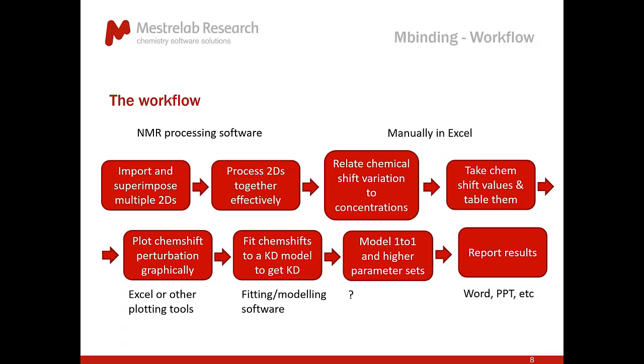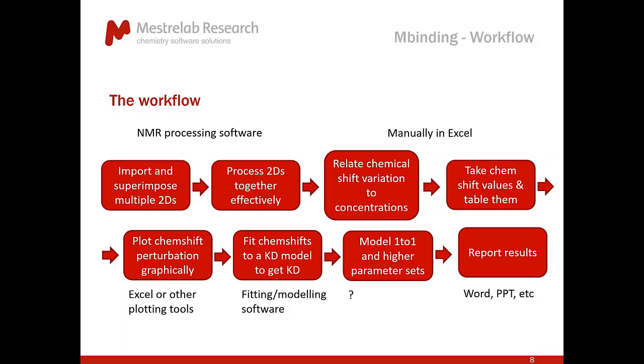The objective is to track how the peak moves as concentrations change. And this is something that you could do in any NMR processing software in principle, but we have tried to make this process very easy by implementing some tools that Pablo will show us for importing multiple spectra, processing them all together, etc. Once you have processed the data, you would then want to relate the chemical shift variations to the concentrations of, in this case, the ligand, and put the chemical shift values in some kind of table where you can analyze them.